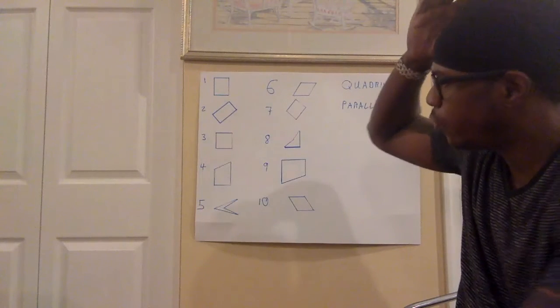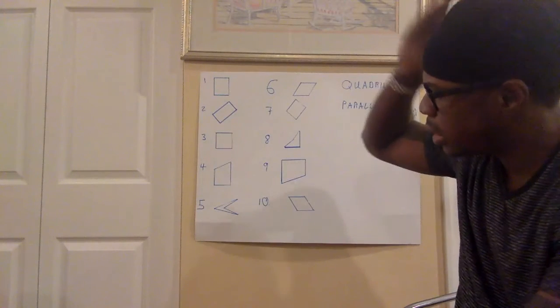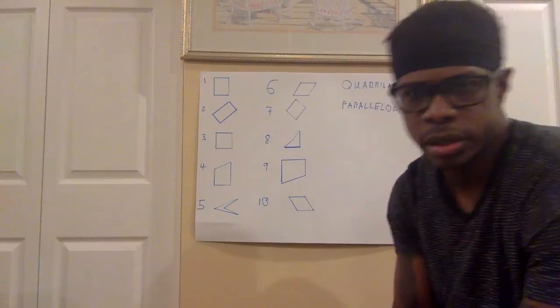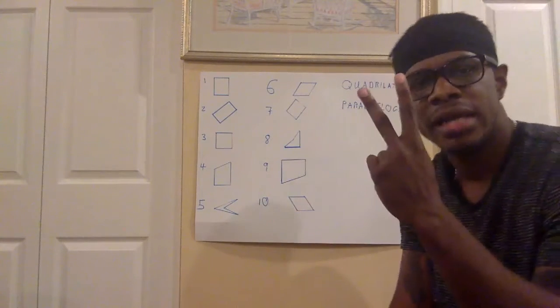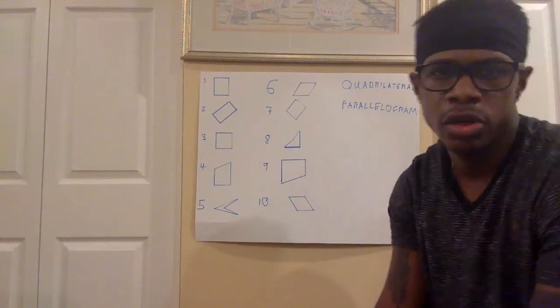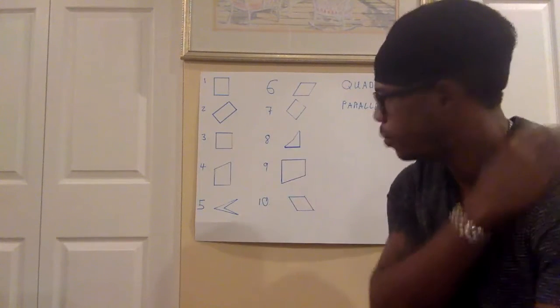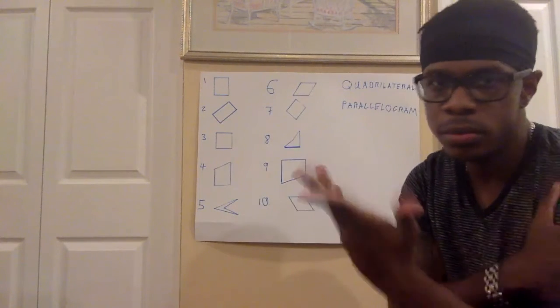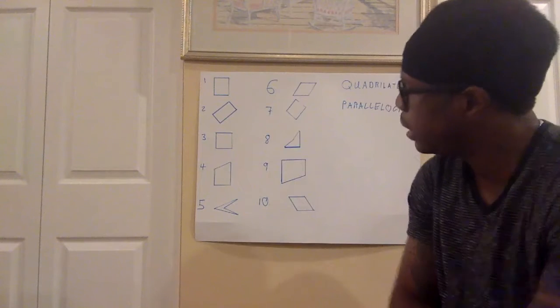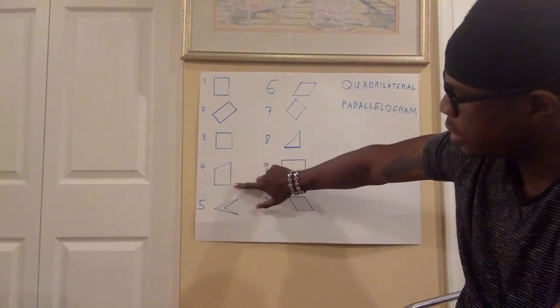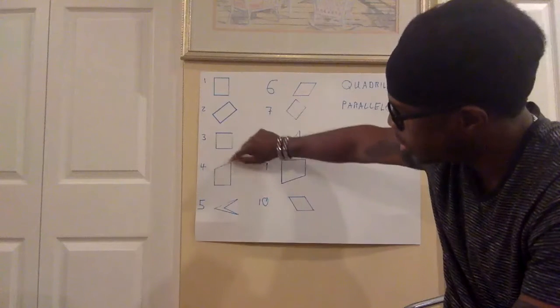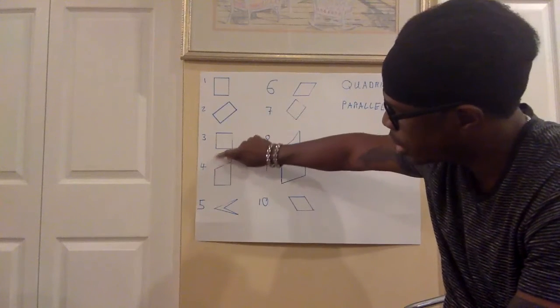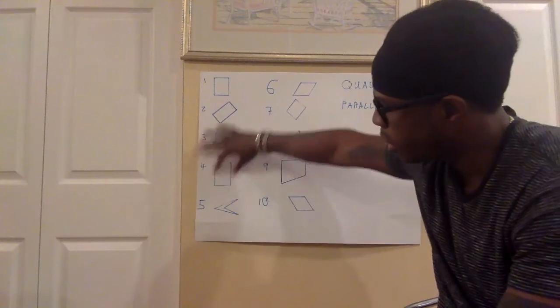What about number four? I say it does have parallel lines. Would I be correct if I say it does have parallel lines and it has two pairs of parallel lines? Would that be accurate for number four? No, that would be incorrect, because as we see here, these two are a pair of parallel lines. Remember, if you do the imaginary line and you just keep going, that's one pair of parallel lines.